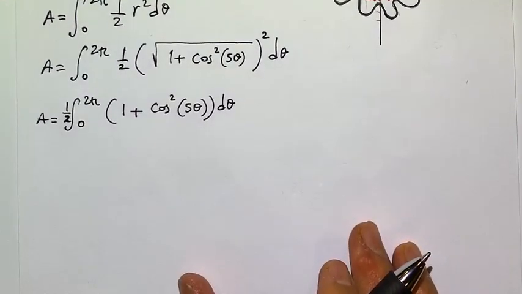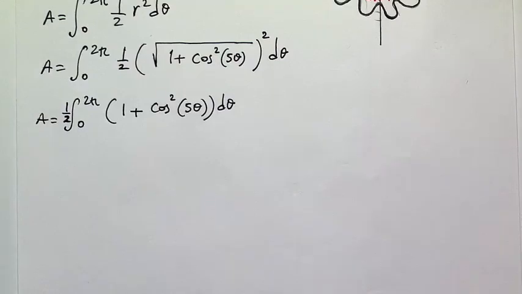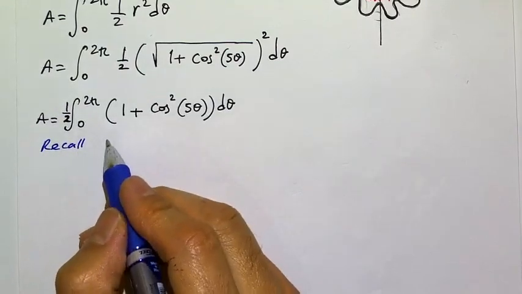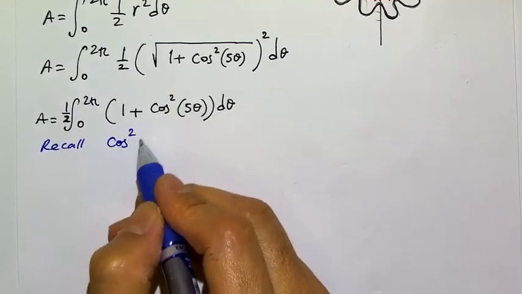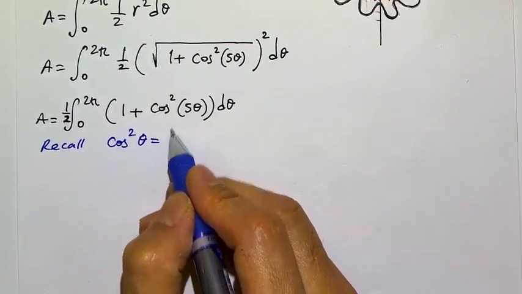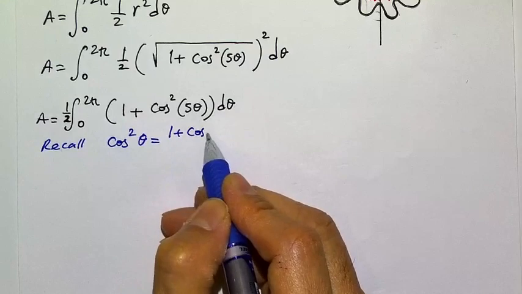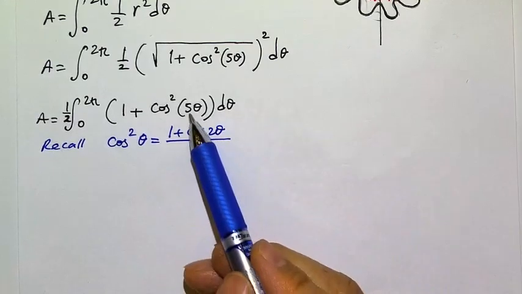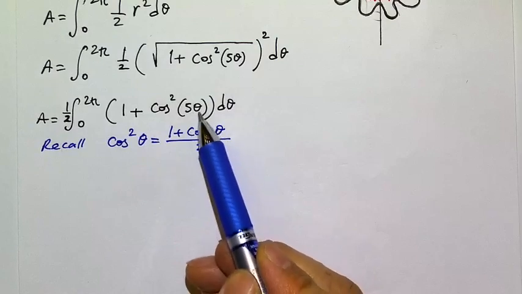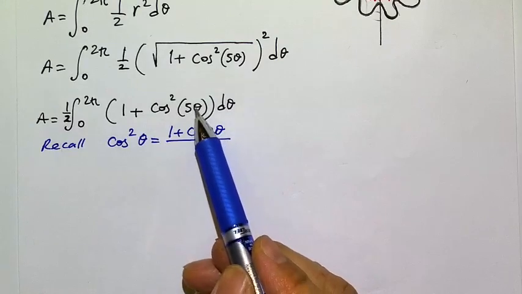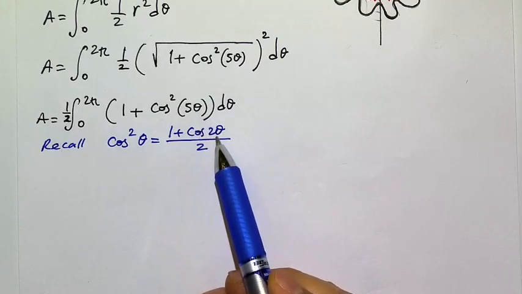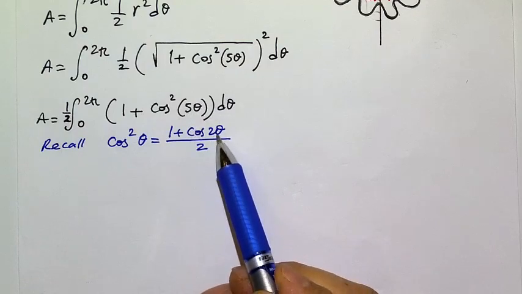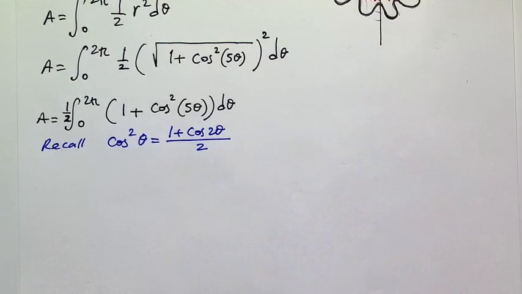Okay, and then recall that useful formula, right? Cosine squared theta is equal to 1 plus cosine of 2 theta divided by 2. Of course, in our case, the theta in this formula is 5 theta. So when you plug it in here, you get 2 times 5 theta, or 10 theta. Okay?